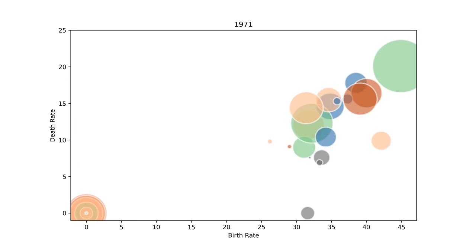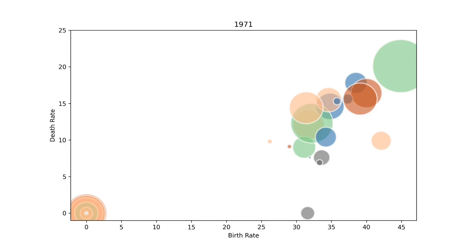So this is the image that I've plotted. On the x-axis we have birth rate, on the y-axis we have death rate, and this is a chart of the year 1971. You can see a lot of values on the left bottom. They are at 0,0 because we didn't have the data for those states which were not formed at that point, and there can be several other reasons also for not having this data.